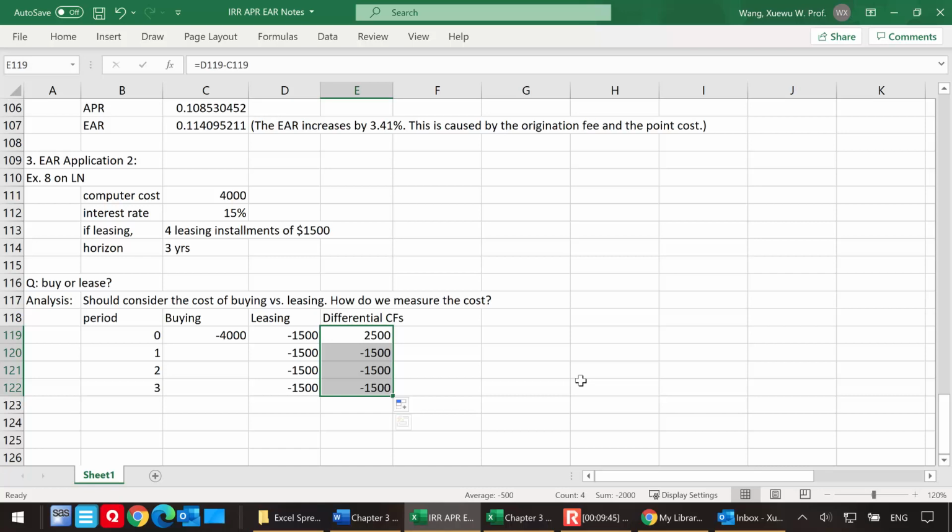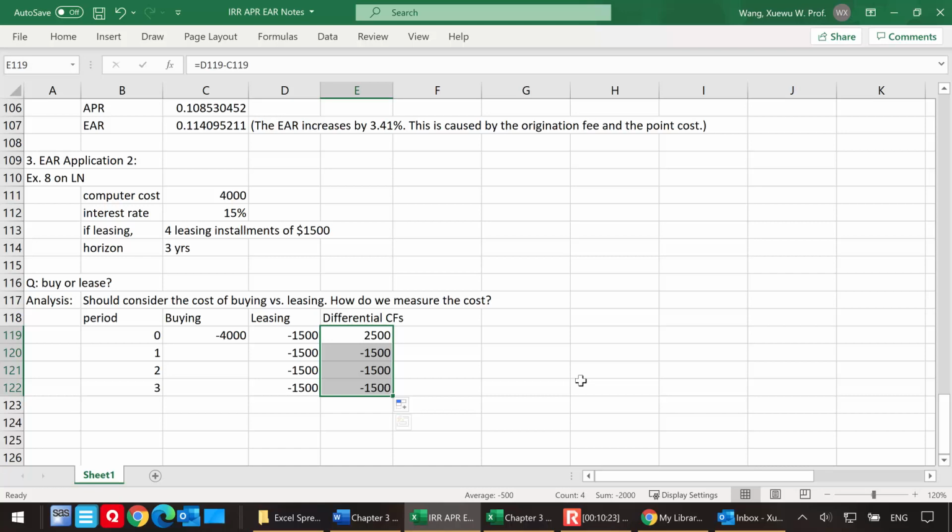Okay, another way to actually think of this differential cash flow is to think of this as a loan. This is very, very important, so please listen up. This is regarding the interpretation for the differential cash flows. So we're saying if you are willing to lease, that is like you are willing to take out a loan for $2,500, and in return you're going to pay off the loan by making 3 installments of $1,500 in the following 3 years.